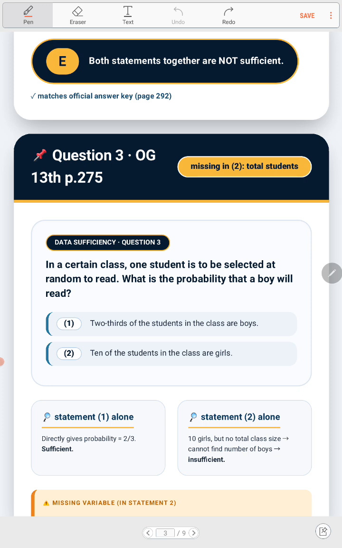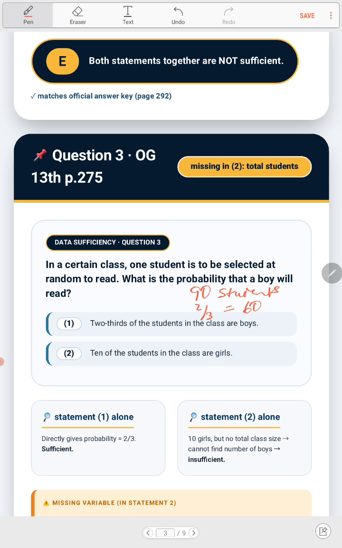Yes, this will give us what we are looking for, because let's imagine that we have 90 students. Then 2/3 of 90, 2/3 times 90, will be 60.